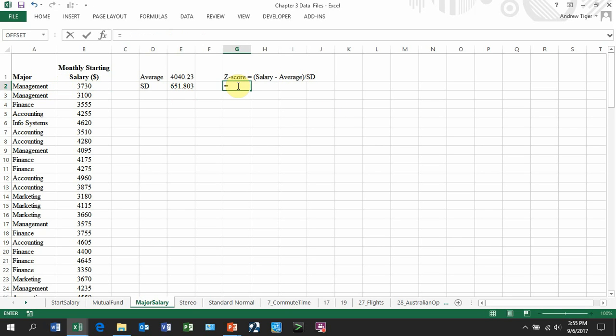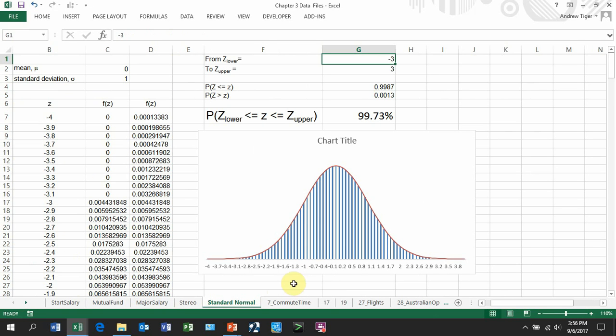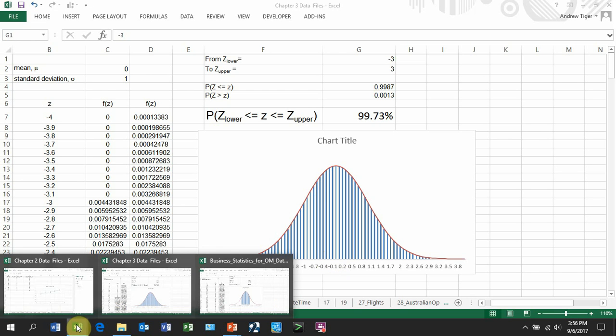The z-score of that is equal to, notice I'm using parentheses, there are order of operation issues, I take this salary, subtract the mean, divide by 651, and I get a z-score of minus 0.47, and that means it's really close to the average. In my graph, minus 0.47 is right around there. It's really close to the middle. Nothing abnormal about that. I expect to get that quite a bit.